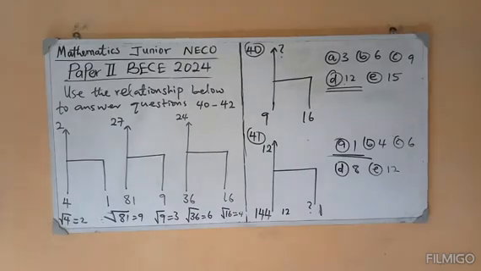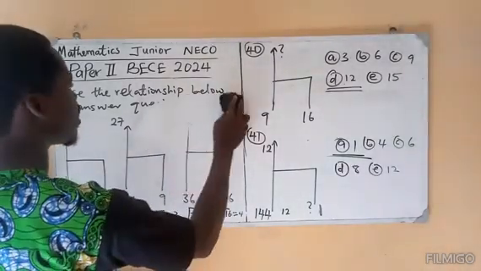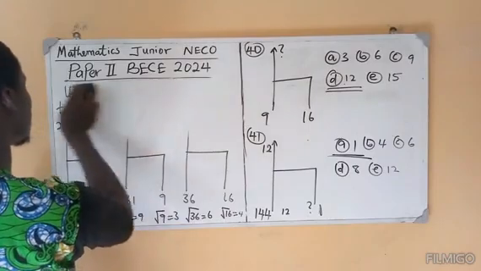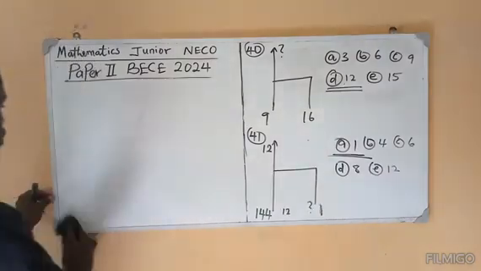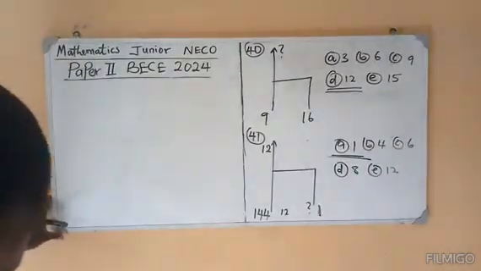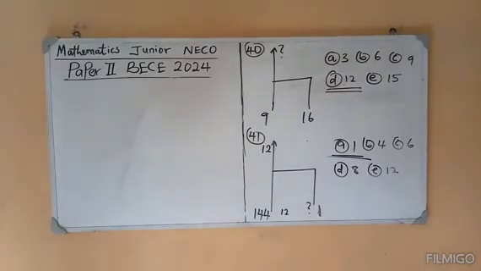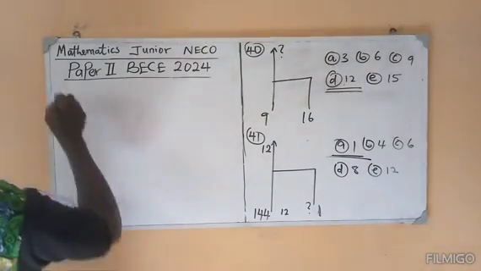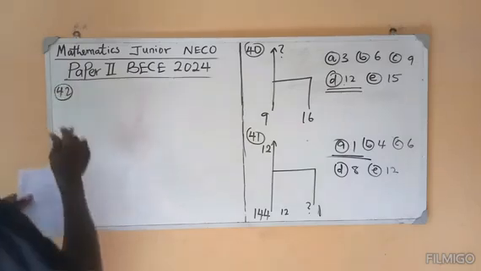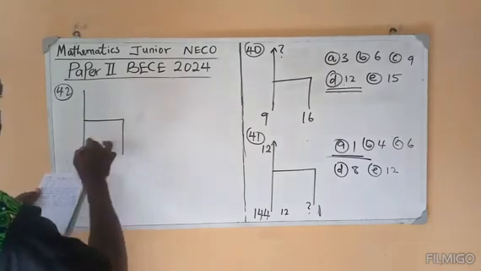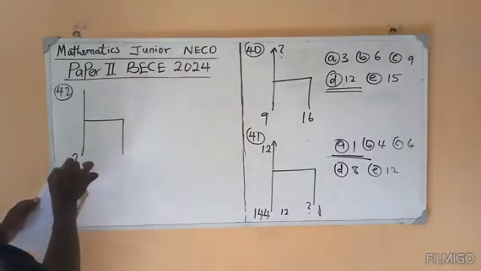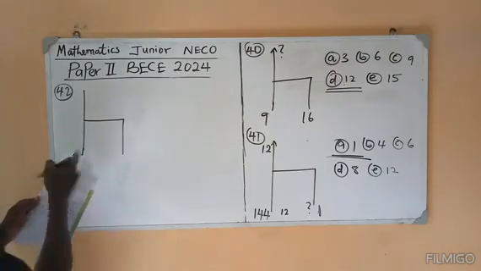So the next question, using the same idea, question number 42. Question number 42 says, you're asked to find the number that is here.